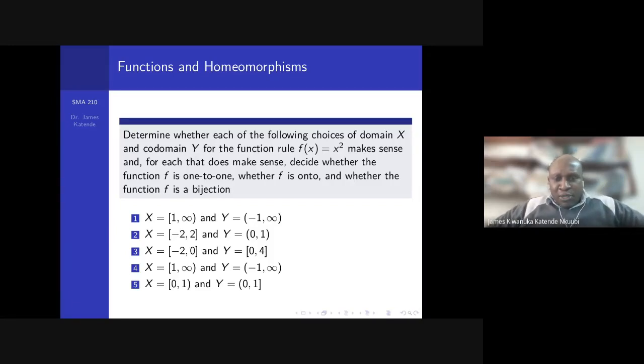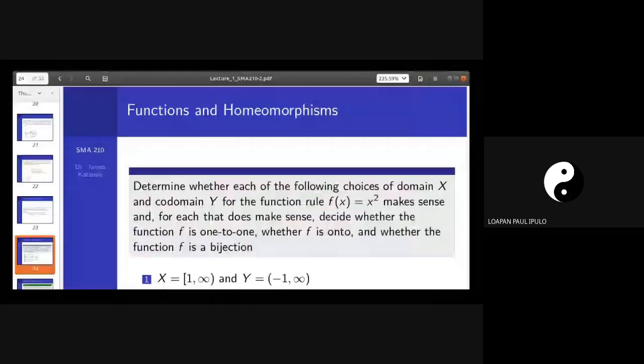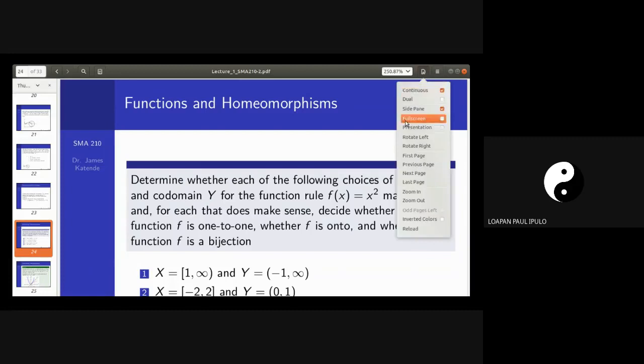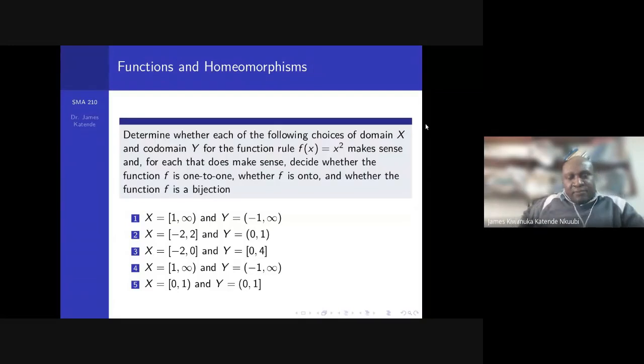So Paul, now you can pull out your kitabu and kalamu. So you need to do number 1 and number 3. If you are done earlier, you can let me know and give me your explanation for your answer.